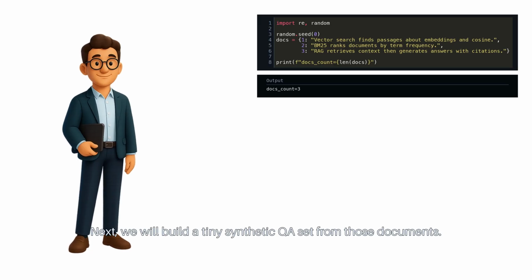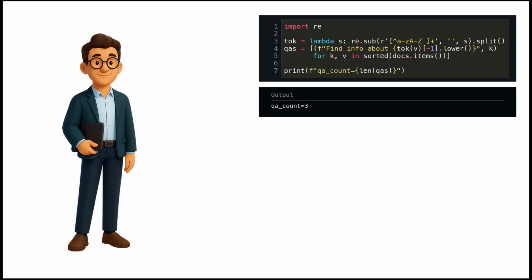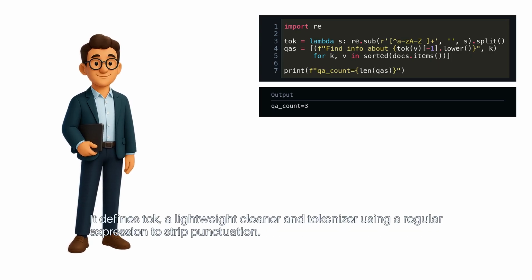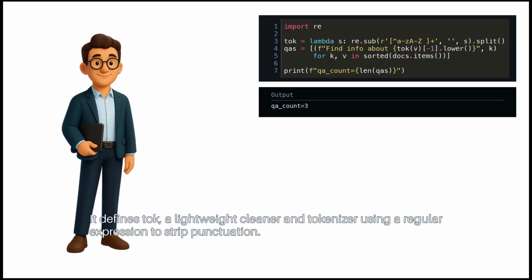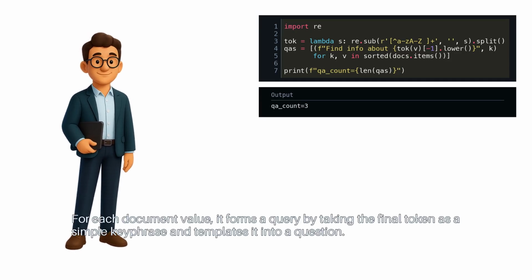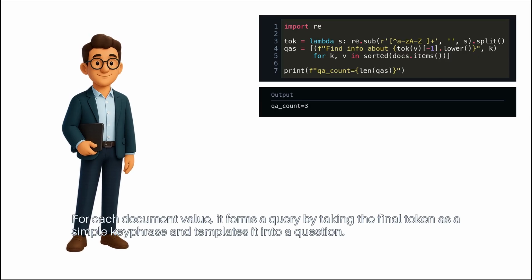Next, we will build a tiny synthetic QA set from those documents. This snippet builds a small synthetic QA set from the mock docs. It defines tok, a lightweight cleaner and tokenizer using a regular expression to strip punctuation. For each document value, it forms a query by taking the final token as a simple key phrase and templates it into a question.